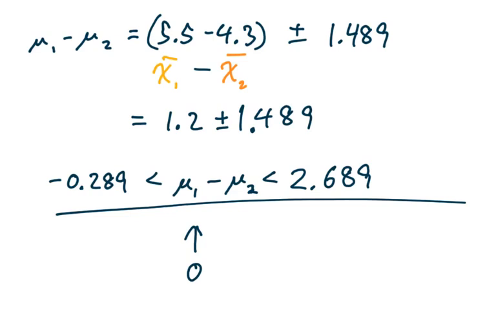And since mu subscript 1 minus mu subscript 2 is close enough that we'll say that it's equal to 0, that means there's no difference between these two populations. And that was the same result that we had come to in the last example, performing a hypothesis test in order to test that claim.